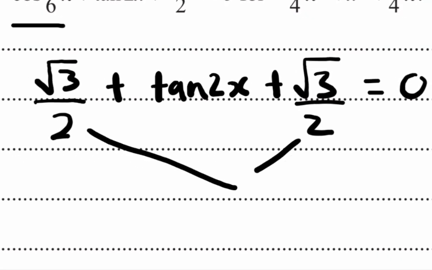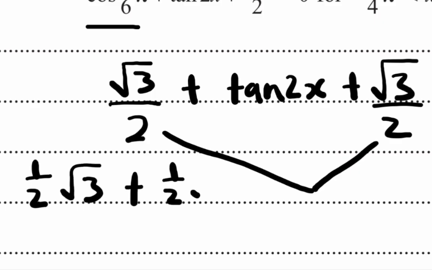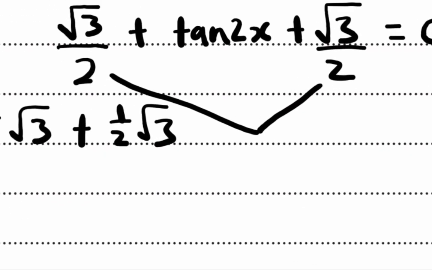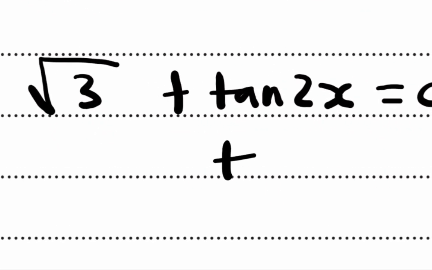So we can add these two. This is like half root 3 plus half root 3, so we get root 3 plus tan 2x being equal to 0, and tan 2x will be equal to negative root 3.